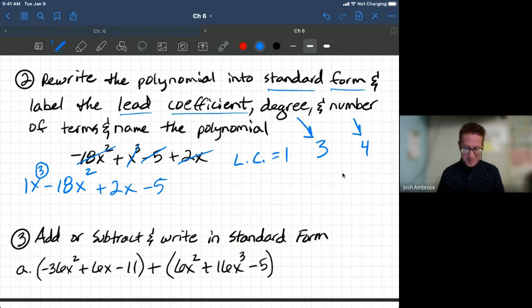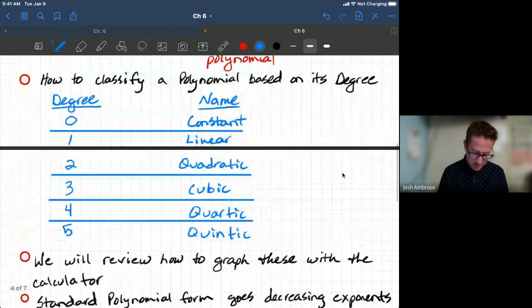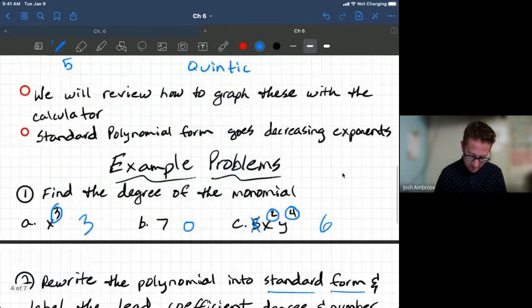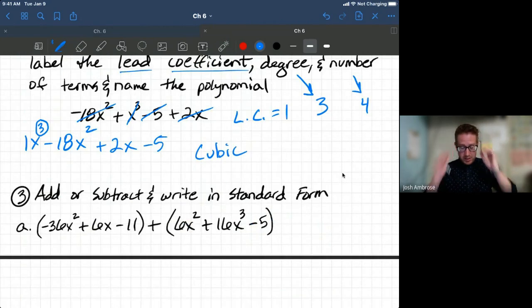Now name the polynomial. Naming the polynomial is based on the degree, so let's go back up to the chart. We are looking at a degree of 3, so this is going to be a cubic.